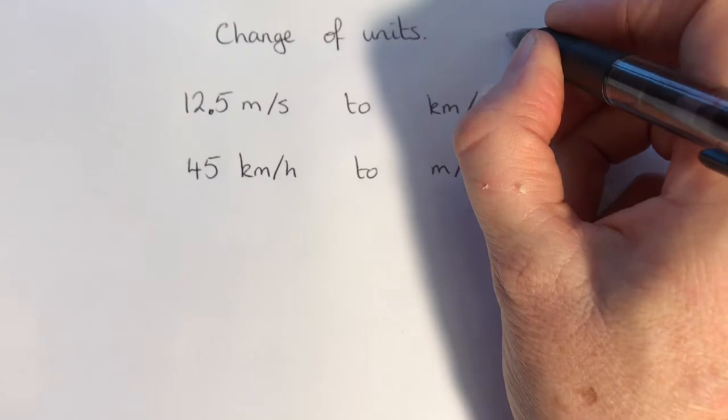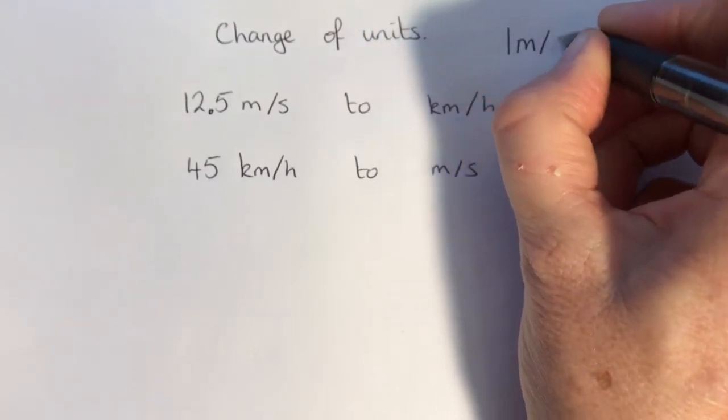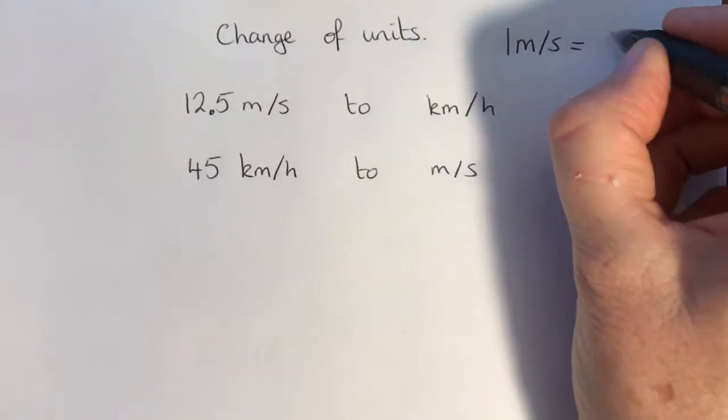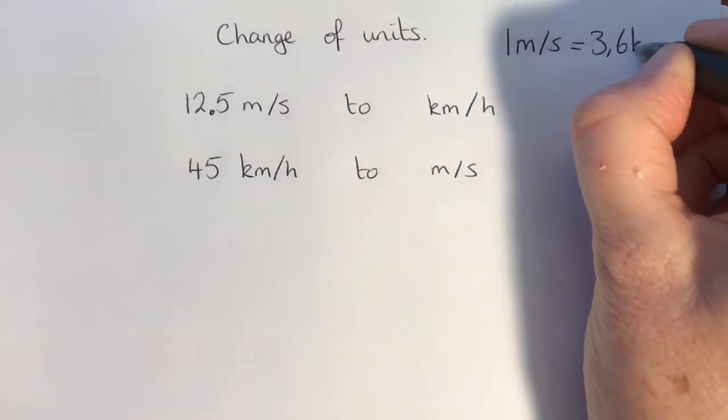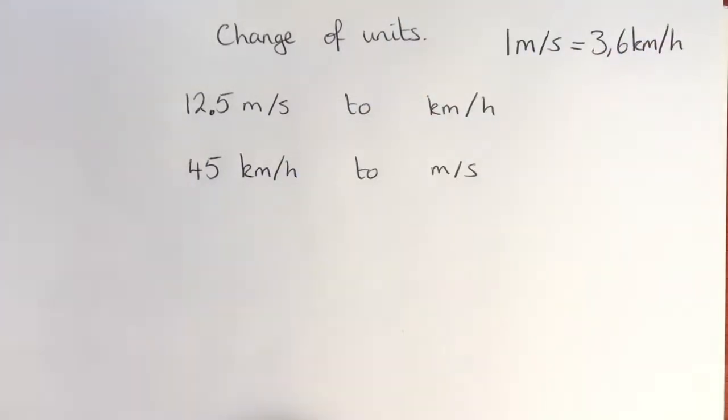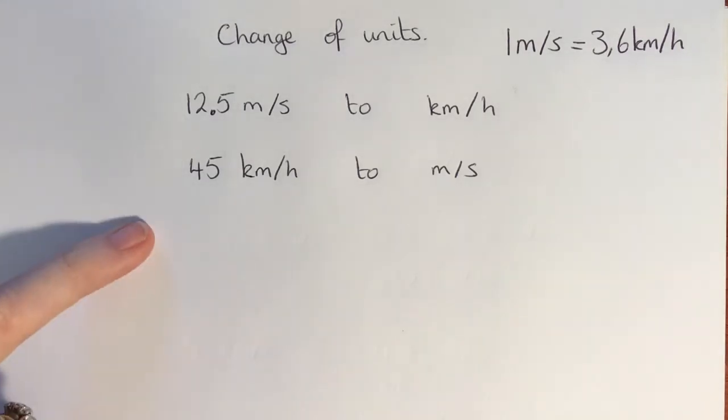And the conversion rate is that 1 meter per second is exactly the same as 3.6 kilometers per hour. If you can remember that, then it's quite easy to do this conversion.